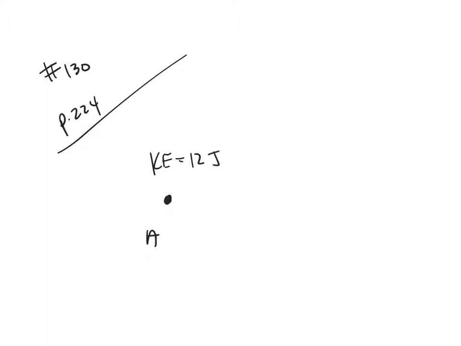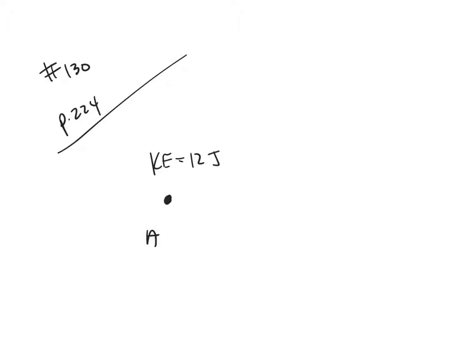Then it says at point B, the particle is momentarily at rest, and the potential energy of the system is 25 joules. So if it's got potential energy, what must it have also? To have potential energy, you have to have what, Marco? Height.